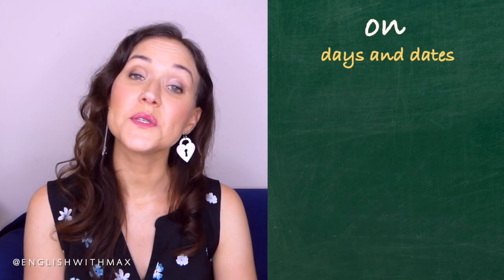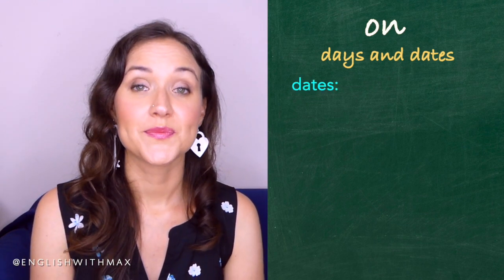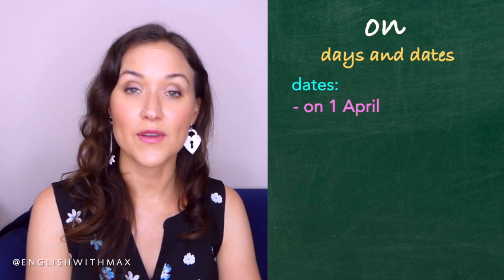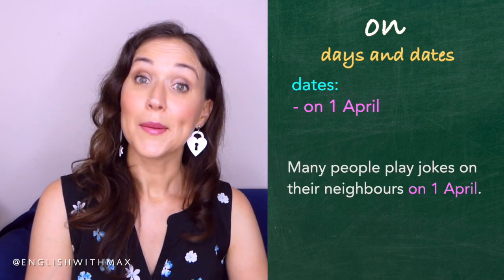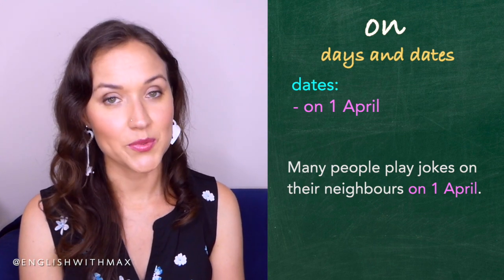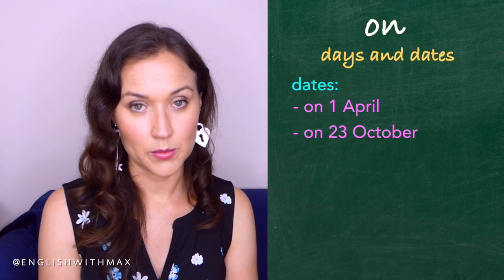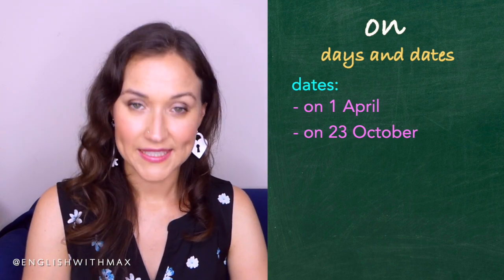As I said, we also use it in front of dates. For example, on the 1st of April. Many people play jokes on their neighbours on the 1st of April. On the 23rd of October. Be careful.